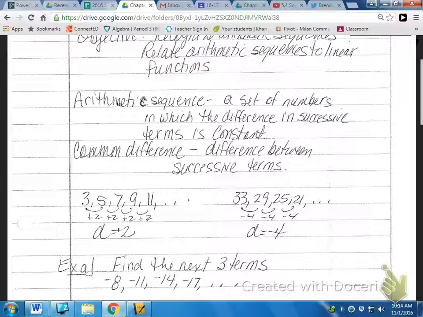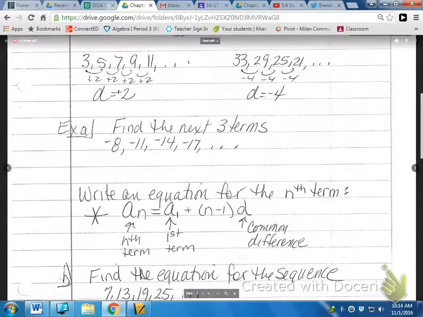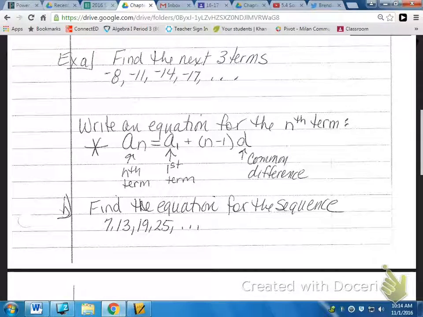Okay, so let's look at what kinds of problems you might have with this. Example A, it says find the next 3 terms. This sequence is -8, -11, -14, -17. I want to determine what the common difference would be. From -8 to get to -11, what would I have to do?